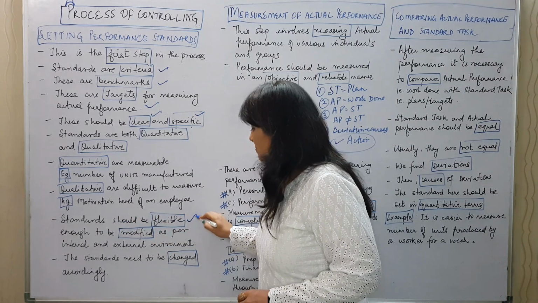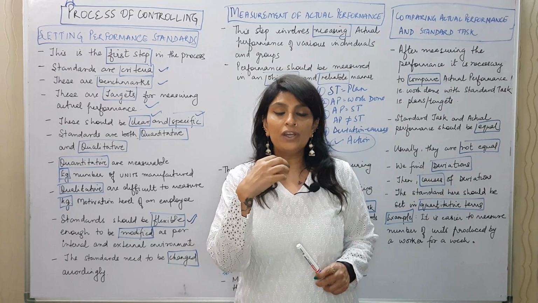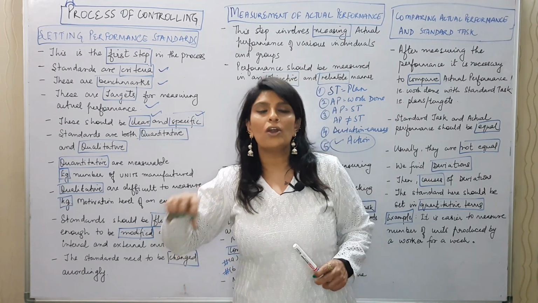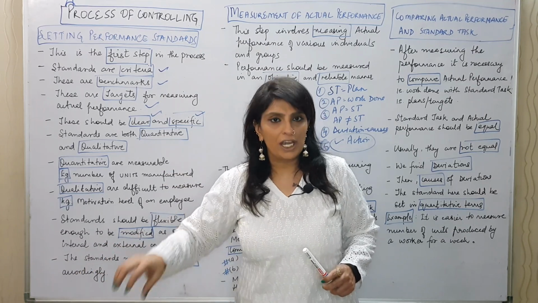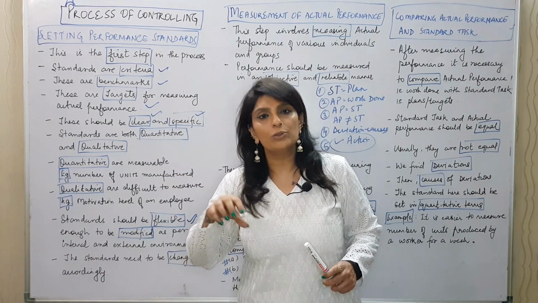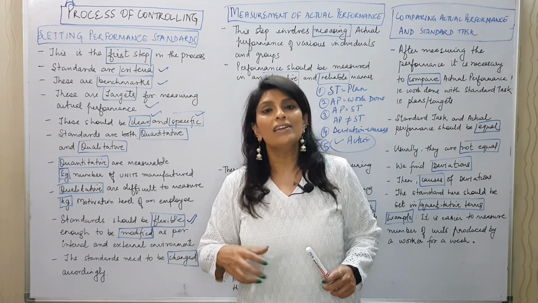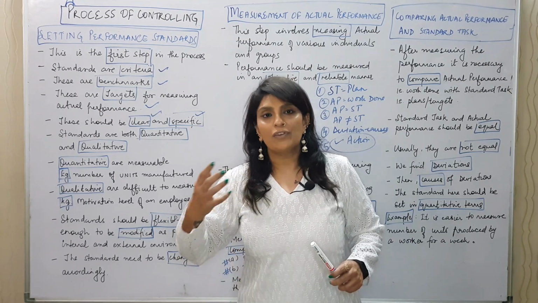Standards should be flexible enough. Why do we want flexibility? Because when we review the standards, we want to change them as per the internal or external changes happening in the business environment, or if modification is required, then we should be able to change it. That is only possible if we are able to easily revise them and they are flexible. That revision is done after we review them.